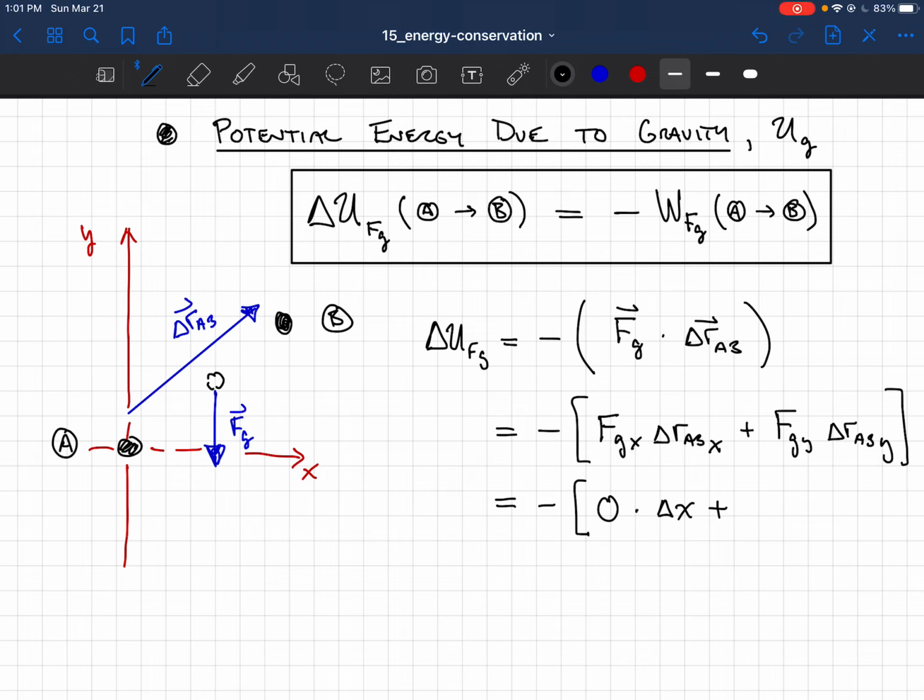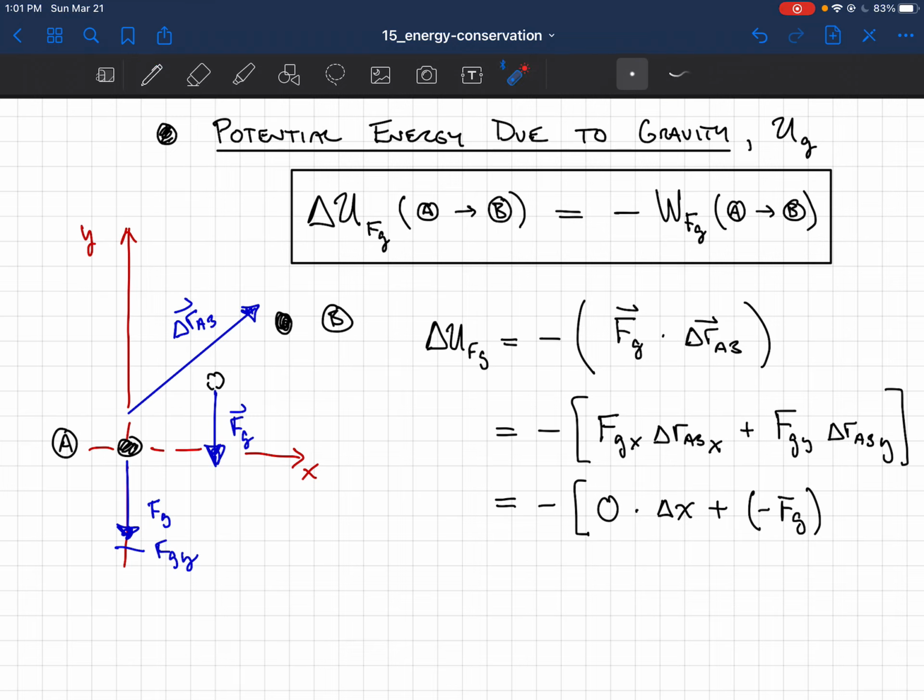The other term doesn't go to 0. We have Fgy. Well, Fgy is negative, and it's minus the magnitude of Fg. Right? If you take Fg and you place it on this coordinate system, then this number is Fgy, and it's minus Fg. What is delta RABy?